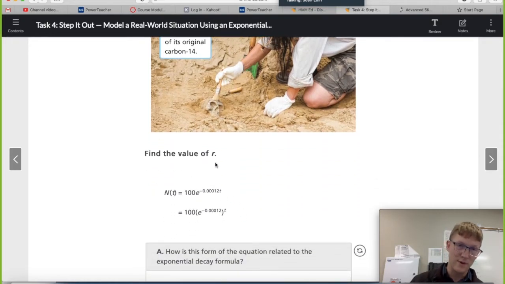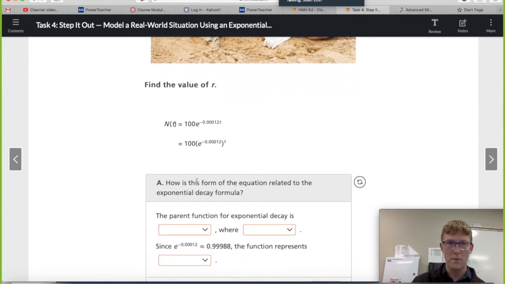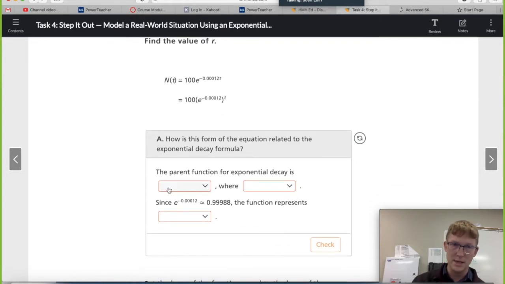So first they want us to find the value of R. So remember that the equation, we'll come back to that. So how is this form of the equation related to the exponential decay formula?